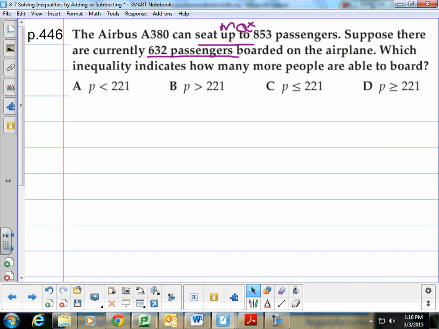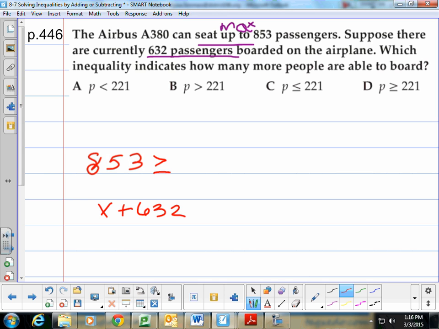So you think, okay, the maximum, I always write, what is the limit? 853 is the limit. The number of people on board has to be, you're thinking, at most that. Or you could write, what number of passengers plus those that are already on board is going to be less than or equal to the maximum amount of 853.